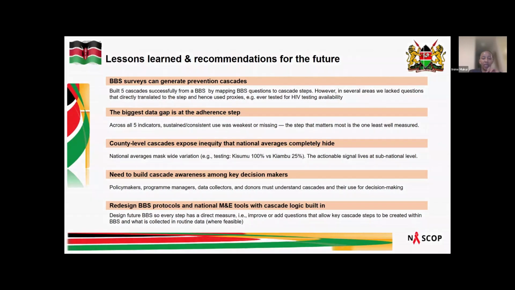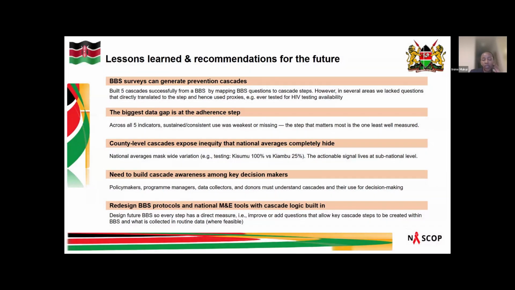For example, we used ever testing as our indicator to denote availability across the different steps of the cascade and the different testing services. Sustained use towards the end was one of the weakest links that we had. And this is the step that matters the most to make sure that interventions are effective as intended. We also found the national average tends to mask wide variations by subpopulations, but also by geographic regions.